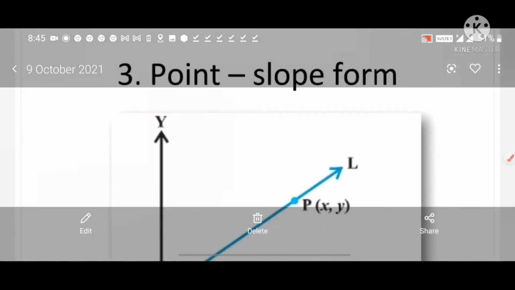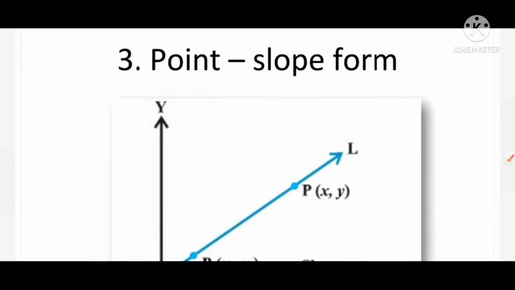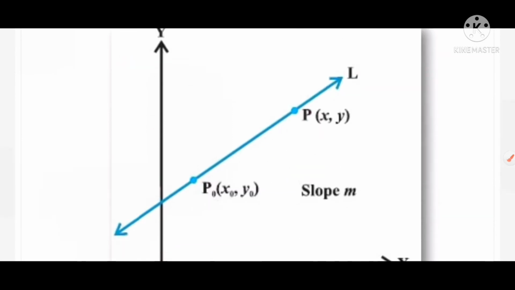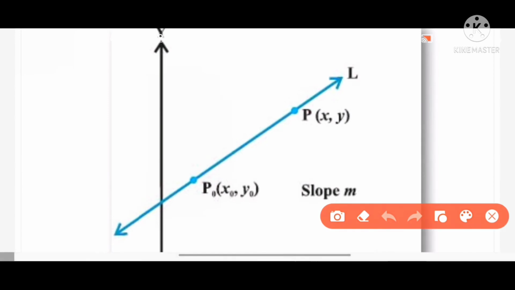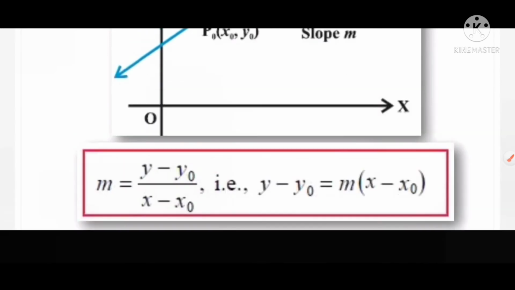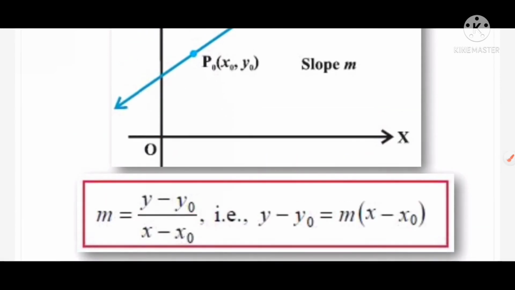If 1 point and the slope are given, where the slope is m and 1 point is given, then the equation is written as y minus y naught is equal to m times x minus x naught. This is the equation of the point slope form. If 1 point is given and the slope is given, then the equation may be written in this type.